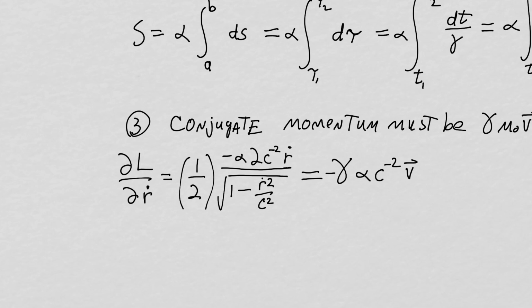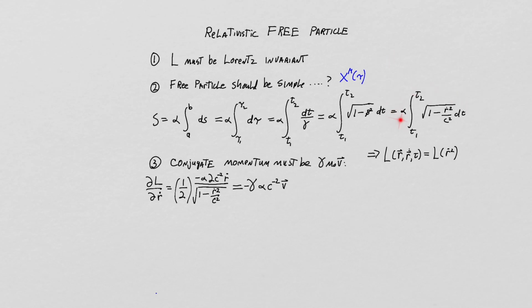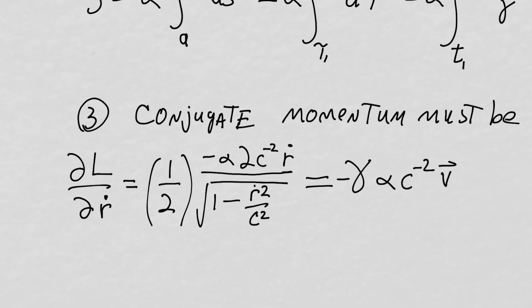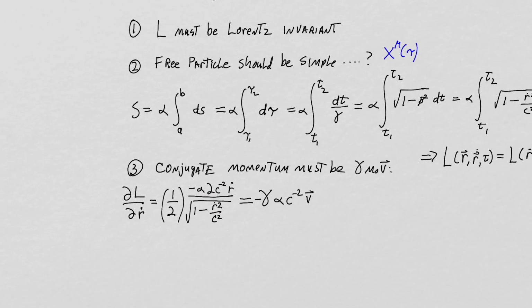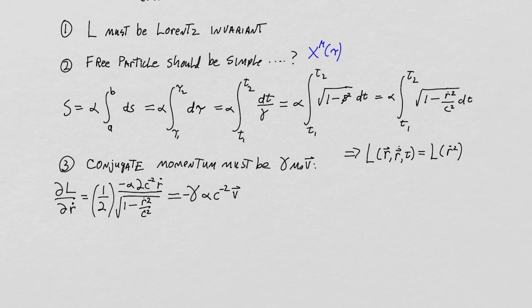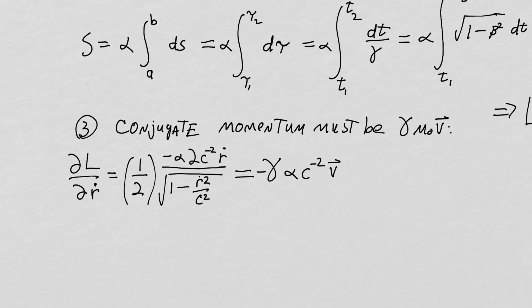If you take this derivative, you get the 1/2 coming out from the square root. The square root goes from 1/2 to minus 1/2, so it gets thrown into the denominator. And then you take the derivative of the inside, and you get 2 r dot c to the minus 2, and then alpha comes with it too. So that's the derivative of this expression with respect to r dot.